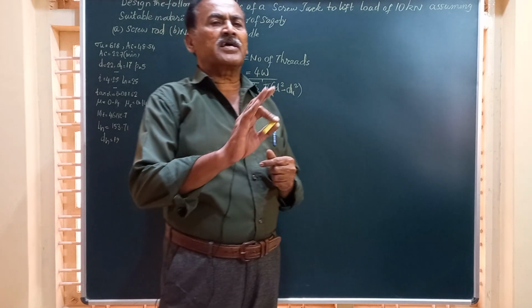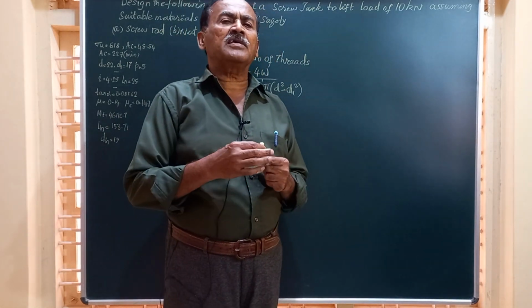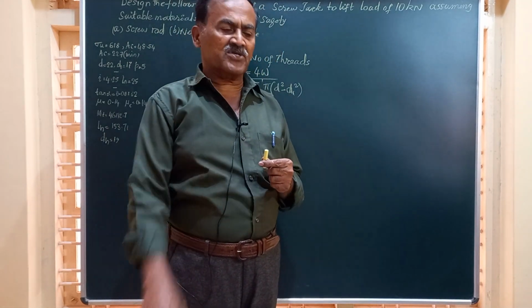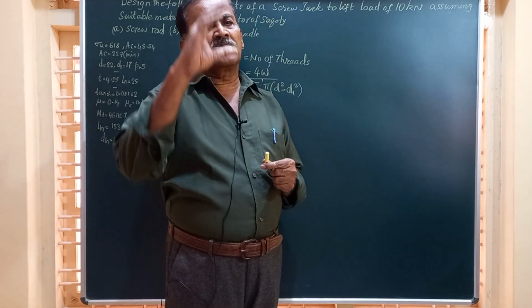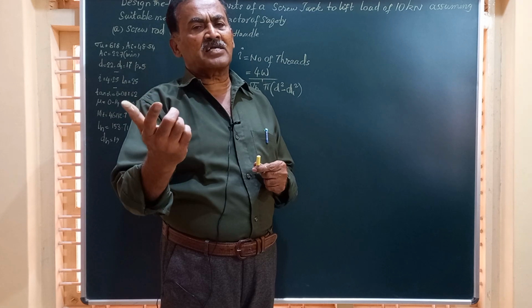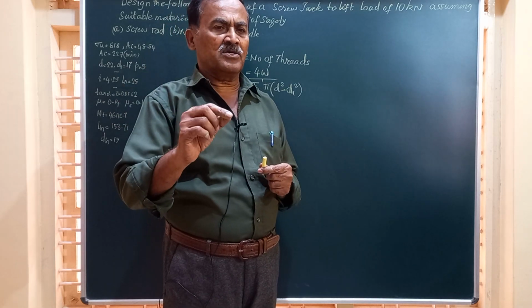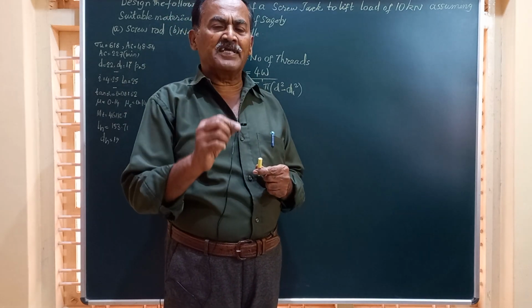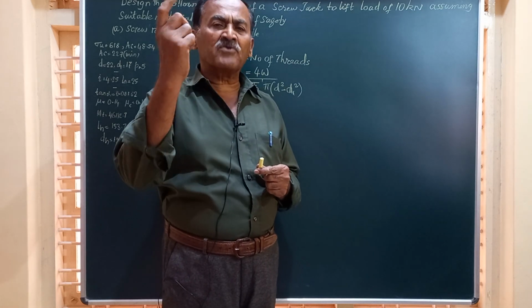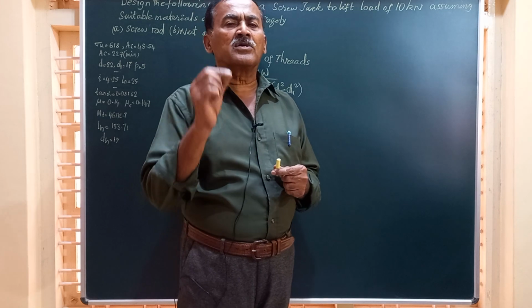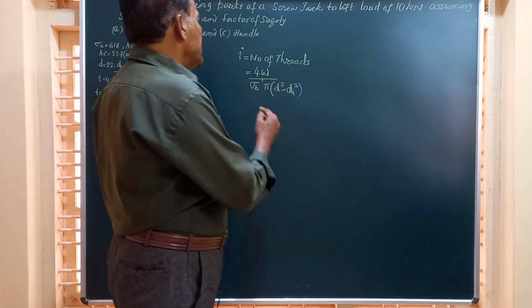Friends, sigma b dash will not be given. That is the bearing pressure or bearing stress. I told you in the beginning, the nut is made of either cast iron or bronze. So for both of these materials, the average value of sigma b dash obtained from the machine design data handbook is approximately 15 MPa.